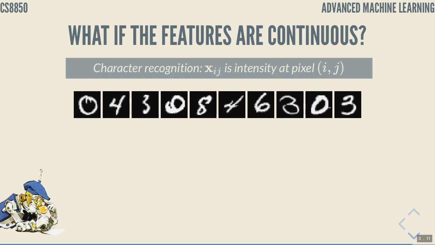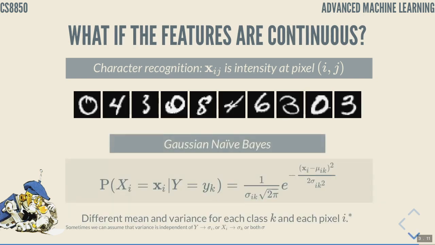according to the task. So for character recognition, like in this MNIST character set, we can take our features to be pixel intensities at each point, and then use Gaussian distribution for the class. For each pixel, the probability would now be modeled as a Gaussian, depending on the class.